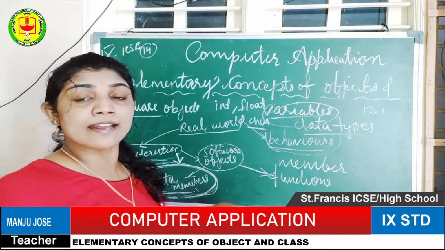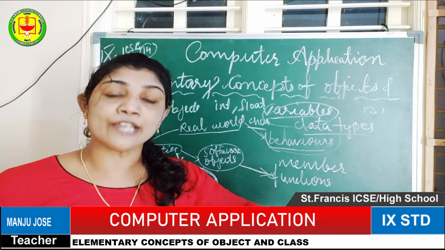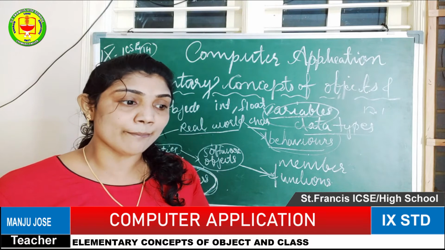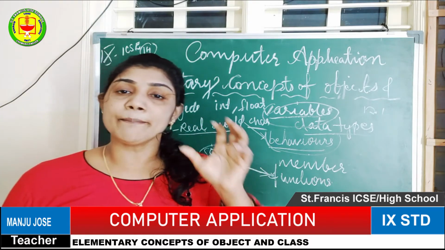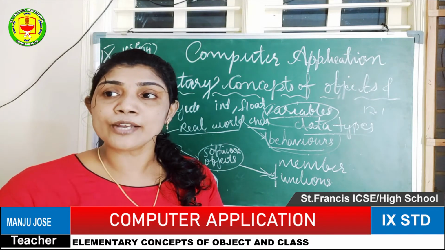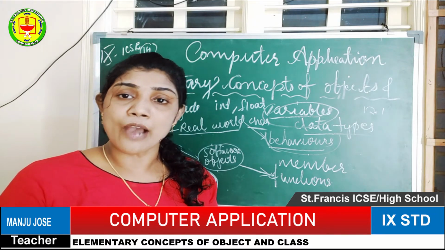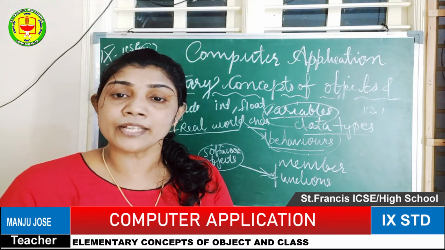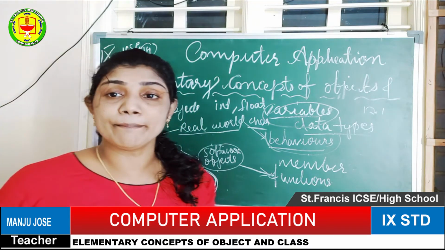Next, what are the actions we are using in the programming language? What kind of processing do you need to do? For example, we declared many variables: A, B, C, D. After declaring the variables, how are we going to input the data? Inputting is a process, and that process will be handled by the member function.